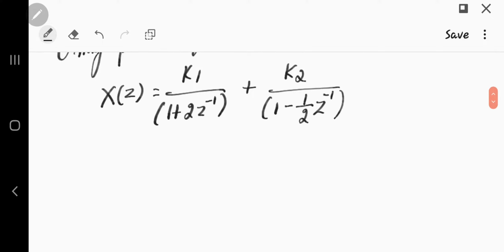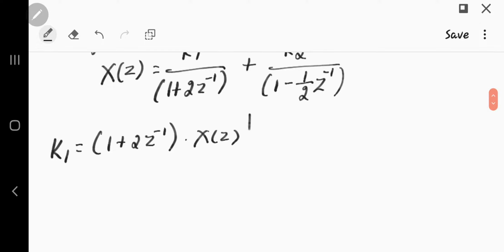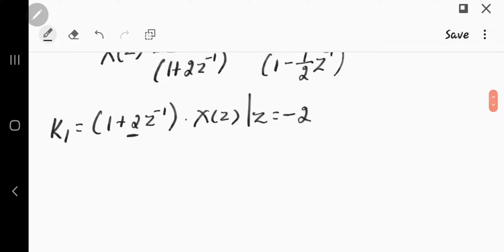Now to find the unknowns, K1 is equal to (1 + 2z⁻¹) X(z), where z takes the value −2 here.